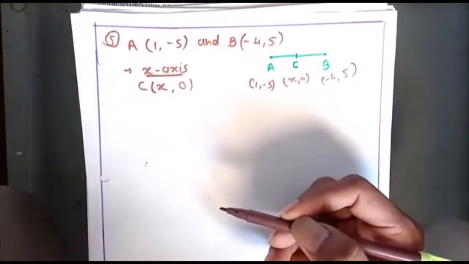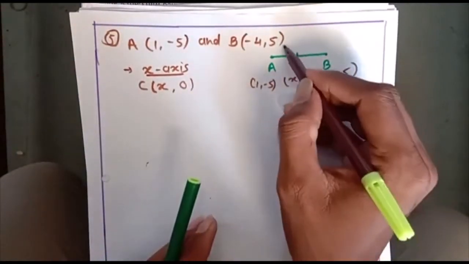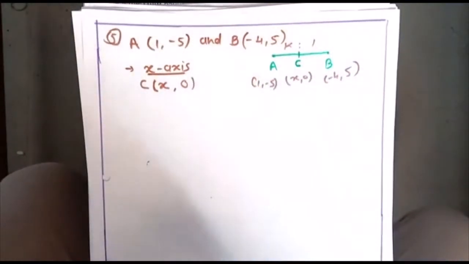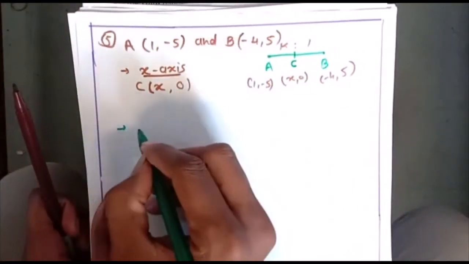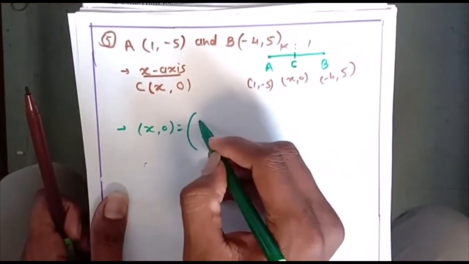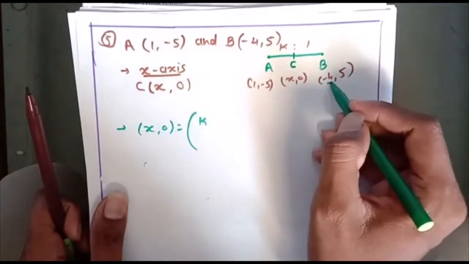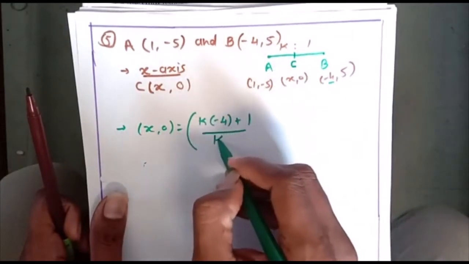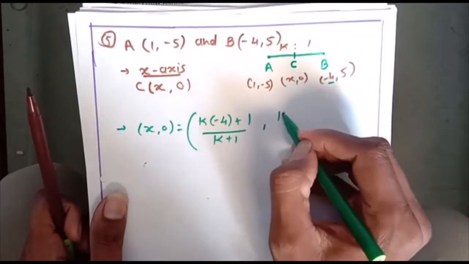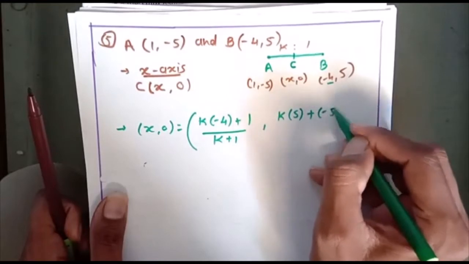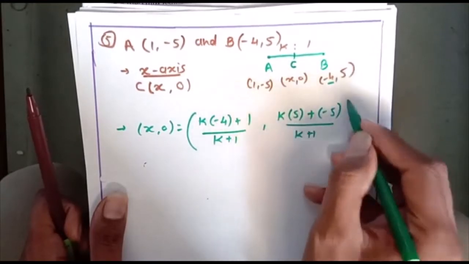Now applying the same formula k:1, (x, 0) सेक्शन फॉर्मूला अप्लाई करो, x, 0 इक्वल टू (k x2 is nothing but -4 plus x1) divided by (k plus 1), (k y2 plus y1) divided by (k plus 1).